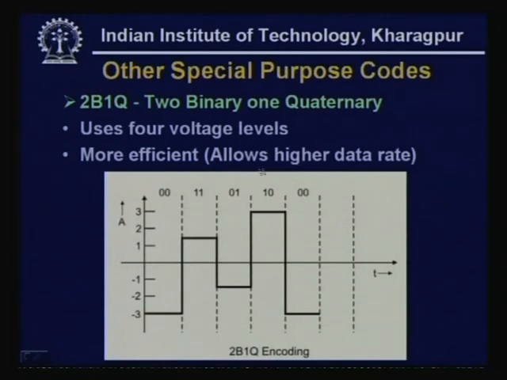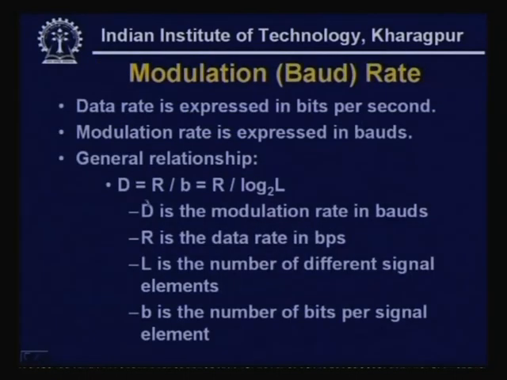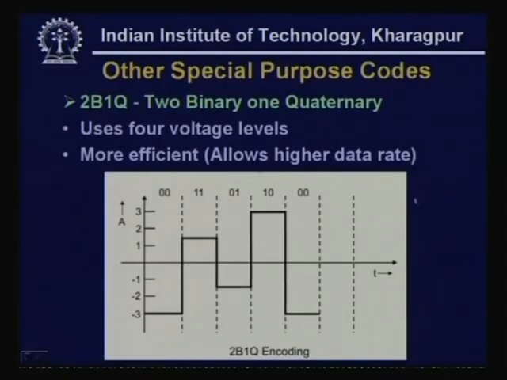So, it gives you higher data rate. If we look at the previous diagram, R is equal to D into log 2 L. So, here R is equal to D into log 2 L, where L here is 4.